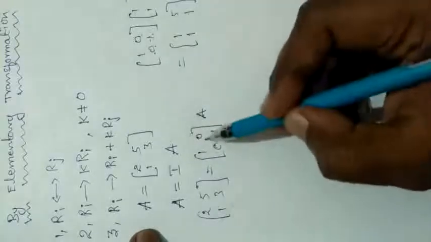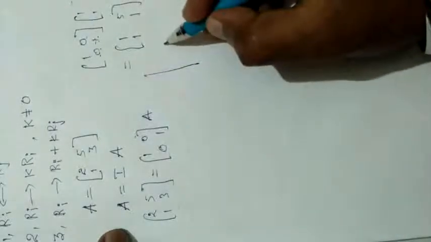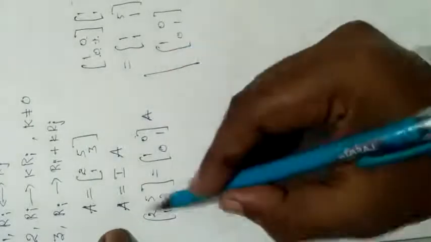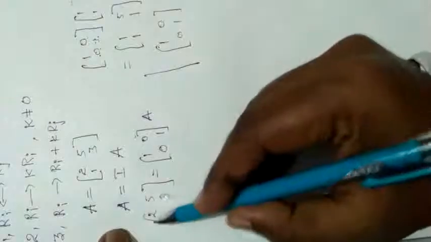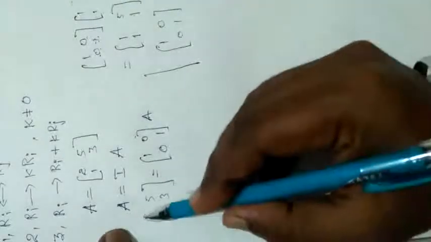Okay, so now you see, I'm going to make this the identity matrix. What is meant by identity matrix? You just write here what is meant by identity matrix, which is 1 0 0 1 for 2 cross 2, right? So my first element over here should be 1, so I have to make this element 1 to form the identity matrix, correct? Understood?